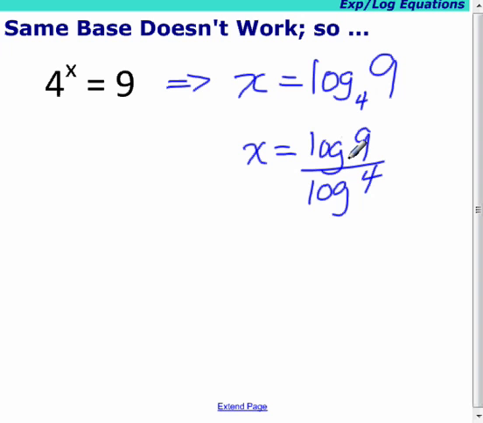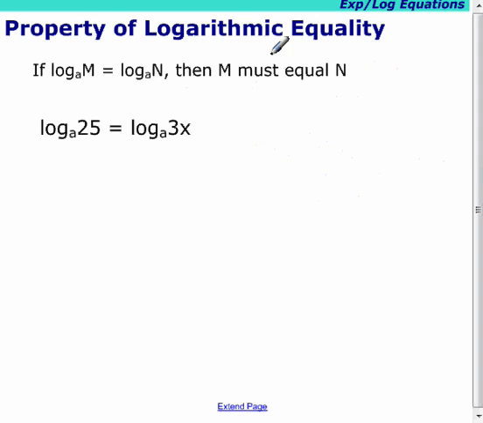And the change of base formula says I can use whatever base I want. I'm choosing 10 because that's on my calculator. So now simply on my calculator I go log 9 divided by log 4 and I'll come up with my answer. It should be 1 point something or other. Okay, so that's how I could solve that one. We'll see in a second that there's other strategies that we could use as well.